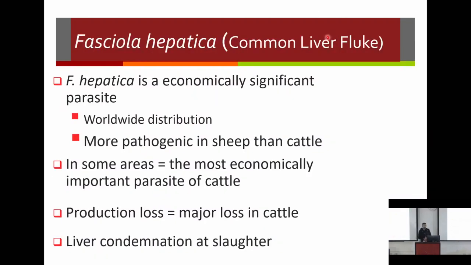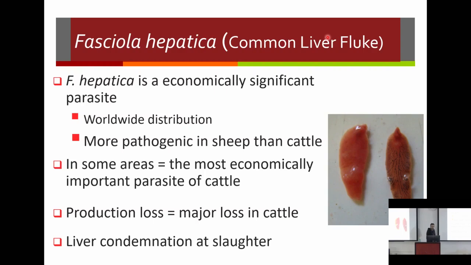So, Fasciola hepatica is a very significant parasite as far as production losses are concerned. It has a worldwide distribution. This parasite is highly pathogenic in sheep as compared to cattle, but still causes severe disease in cattle.